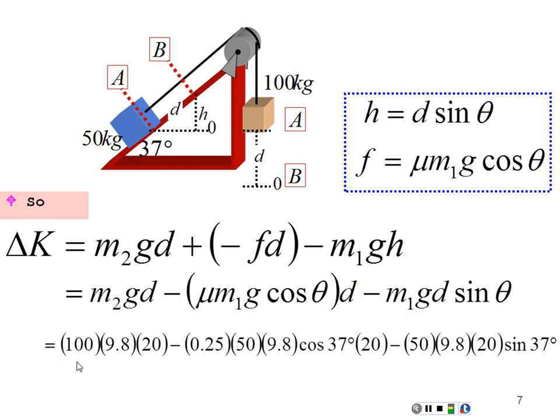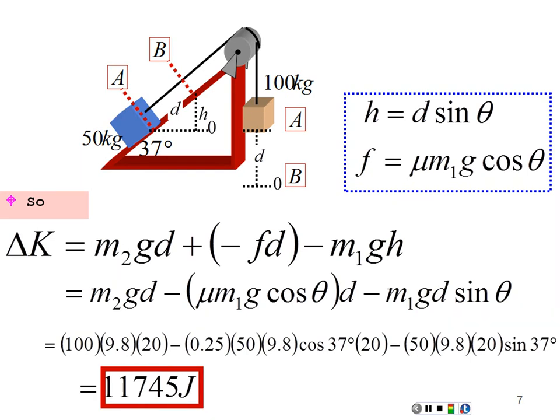So the mass 2 is 100 kilograms, g is 9.8, d is 20 meters, minus mu, which is 0.25, mass 1 is 50 kilograms, g is 9.8, cosine 37 degrees, d is 20 meters as well, as it's going up the incline, minus m1, 50 kilograms, g 9.8, d is 20 meters, sine 37 degrees for our height h. All numbers, we calculate this out to be 11,745 joules. How about that?